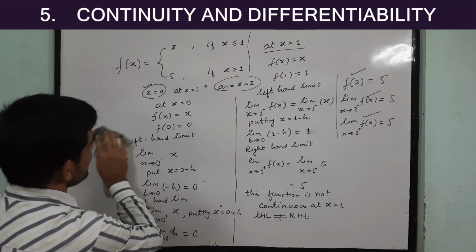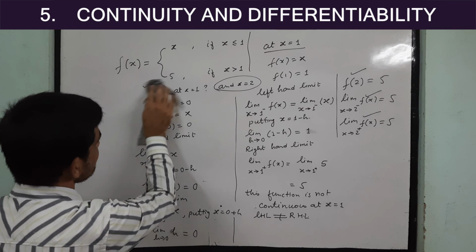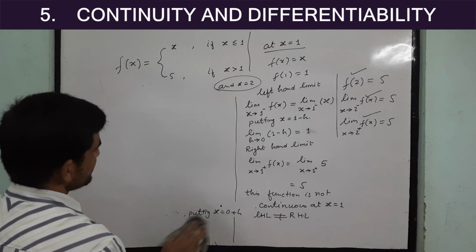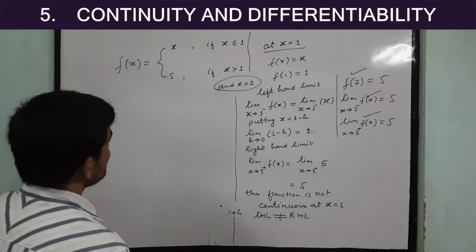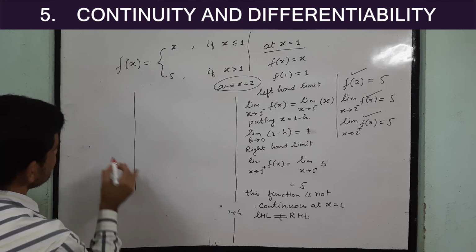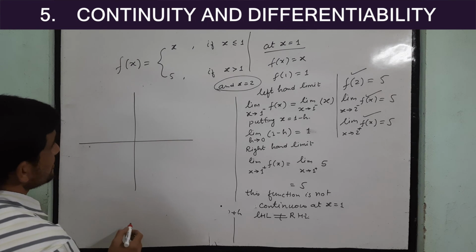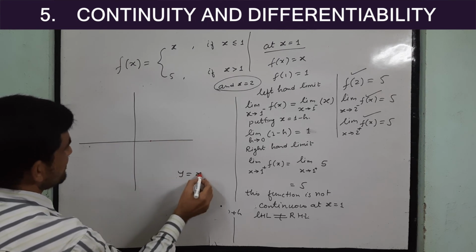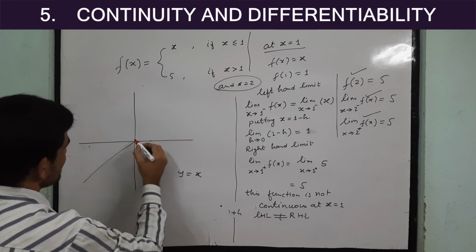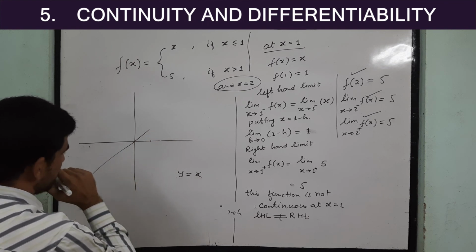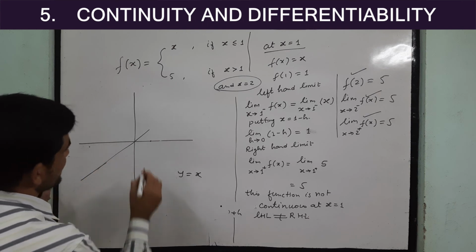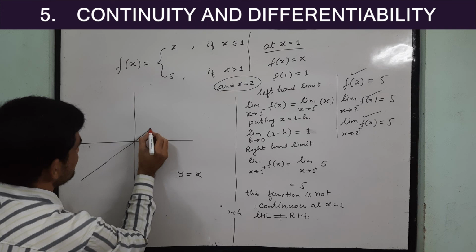See the graph of the function, how the graph is changing at x equal to 1. See, when you take values less than 1, it is a straight line, y equal to x type. The value will be like that at x equal to 1, and it is sharply defined also.